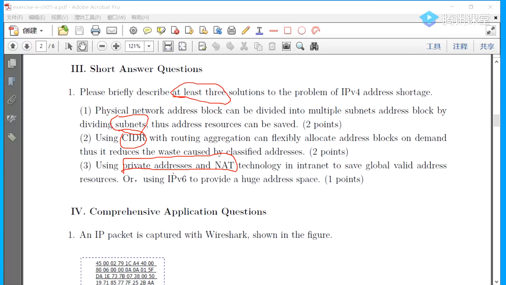The fourth is IPv6. Right? So the answer listed 4 solutions: subnetting, CIDR, private address and network address translation, NAT, and using IPv6 to provide unlimited address space.